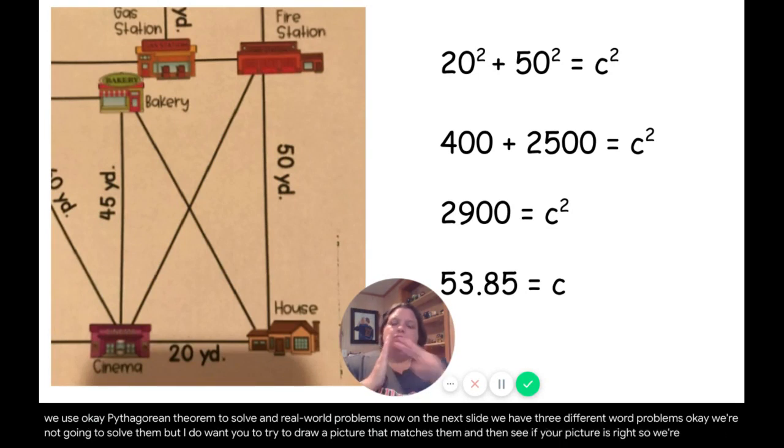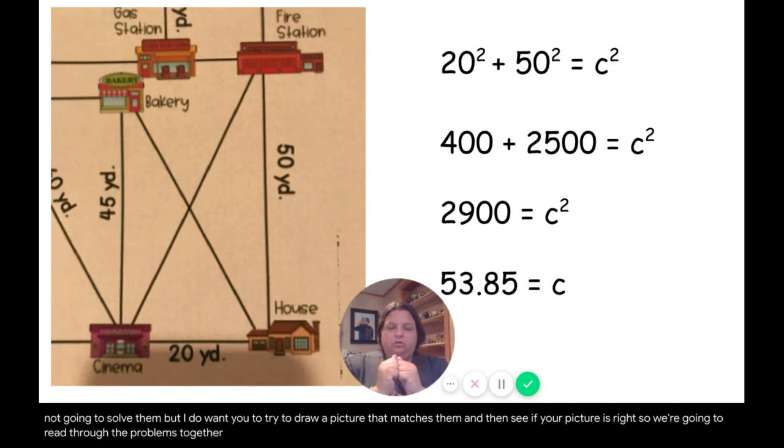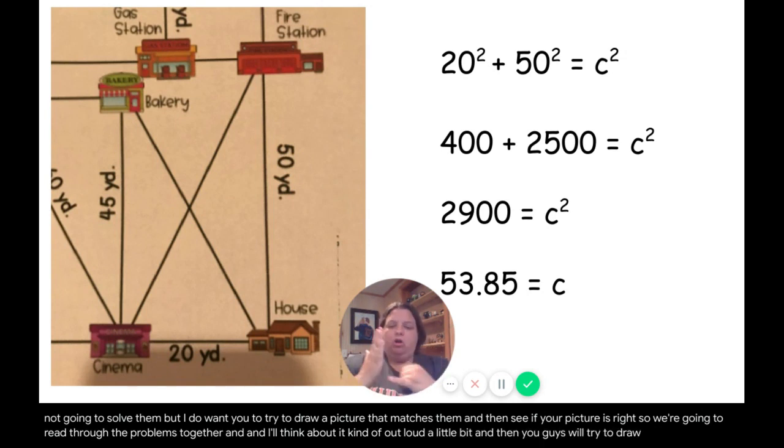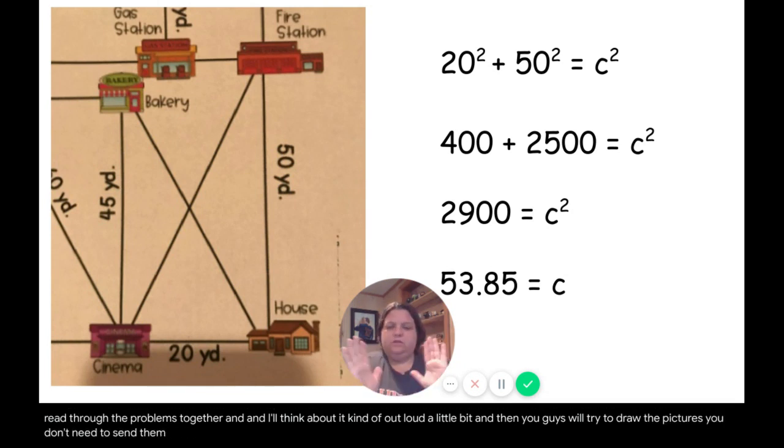So we're going to read through the problems together, and I'll think about it out loud a little bit, and then you will try to draw the pictures. You don't need to send them to me. This is just for yourself, and then we'll look at what the pictures look like.